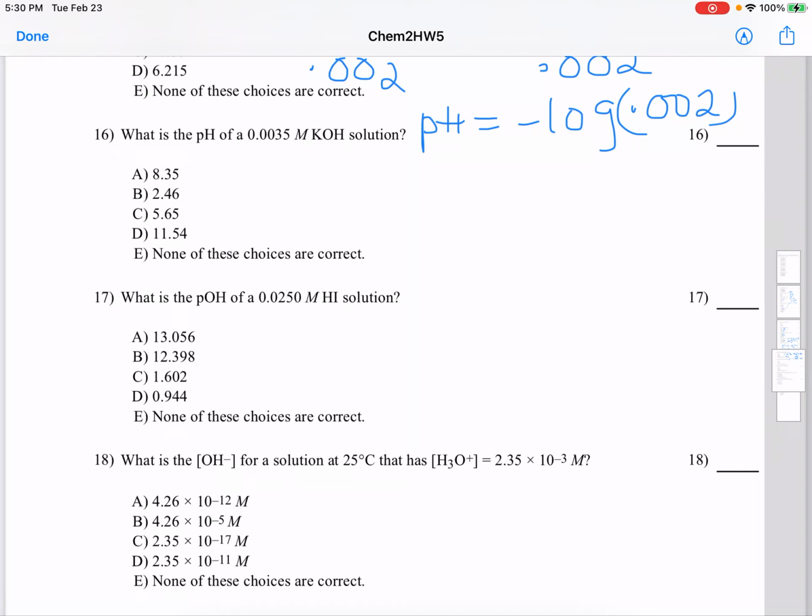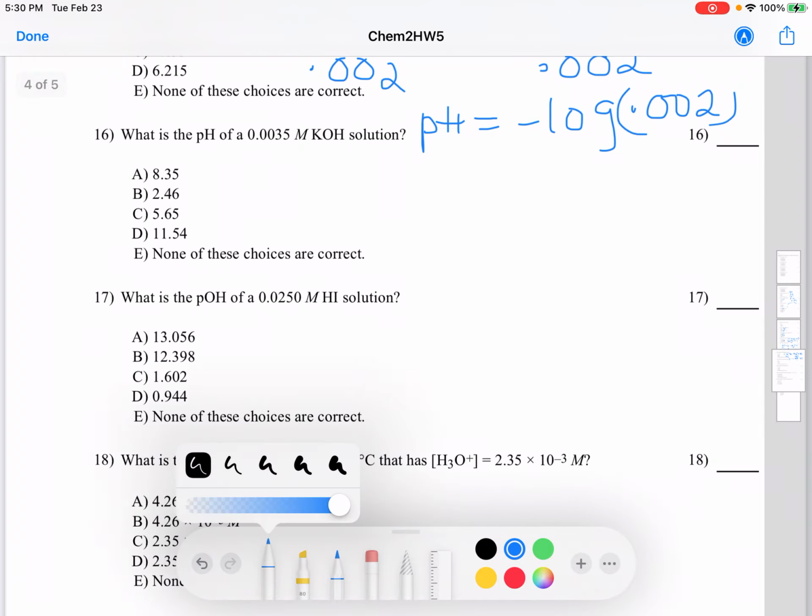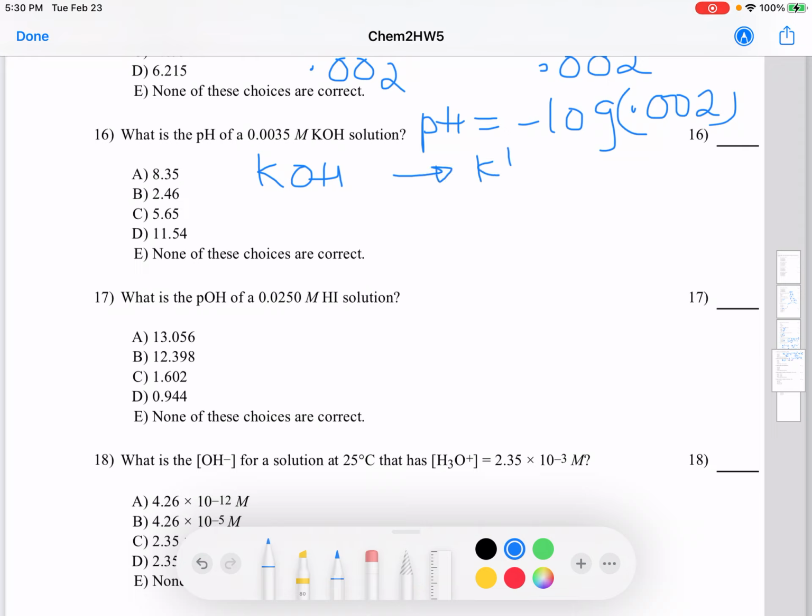Now you have potassium hydroxide solution, 0.0035. Again, you want to find out the pH of a base, KOH. It will dissociate to give you potassium ions and hydroxide ions, 0.0035.